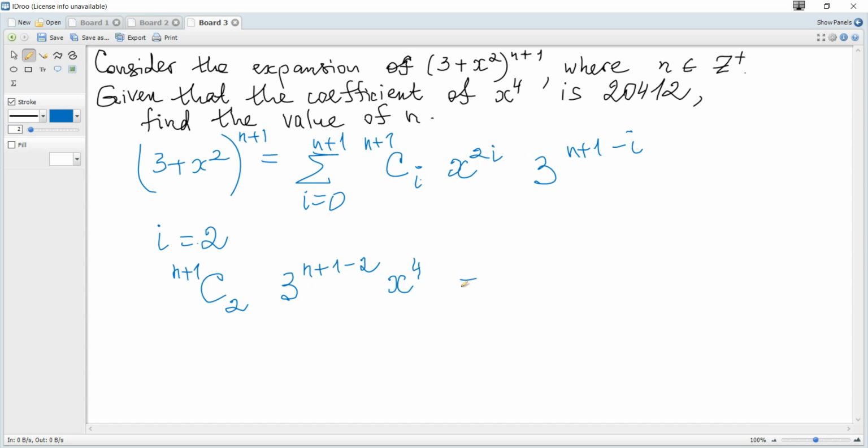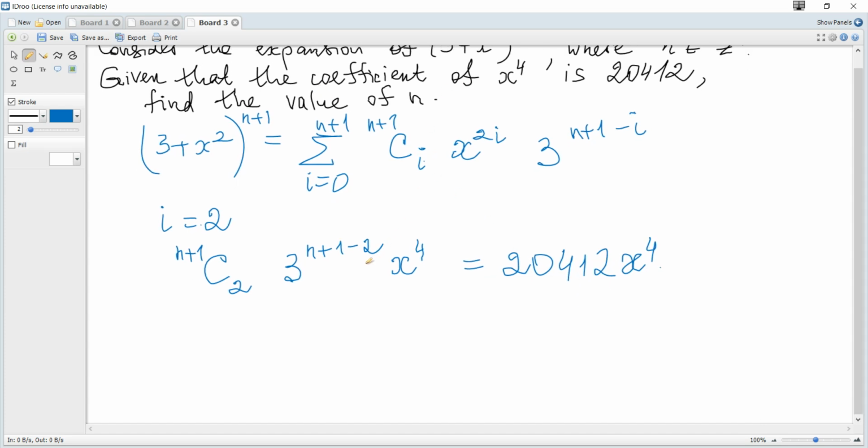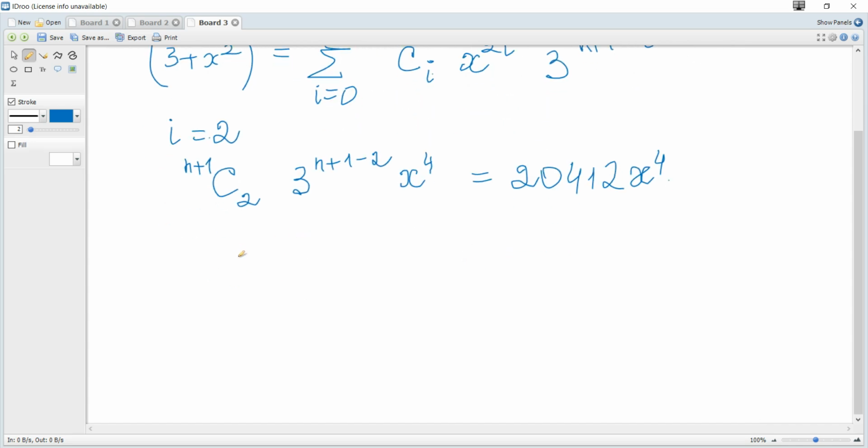And this term is this value, x to the power of 4, and if we consider the coefficient, it's just this number in front of x to the power of 4. So we can write that combinations 2 out of n + 1, times 3 to the power of n minus 1, is this value.